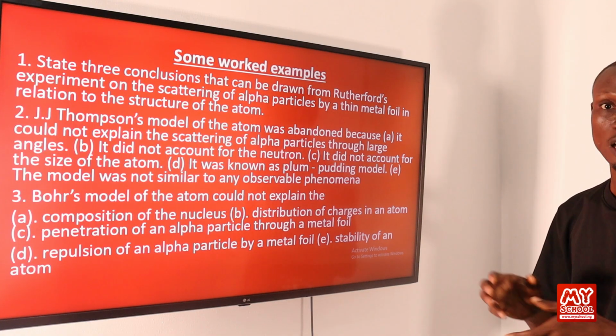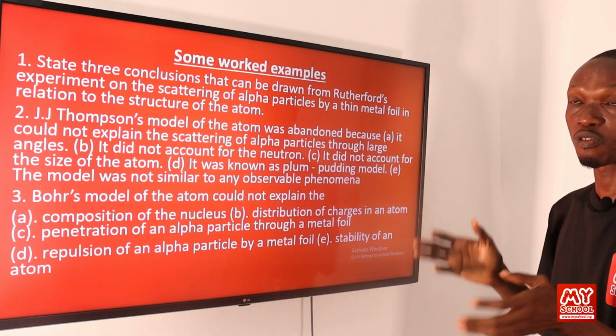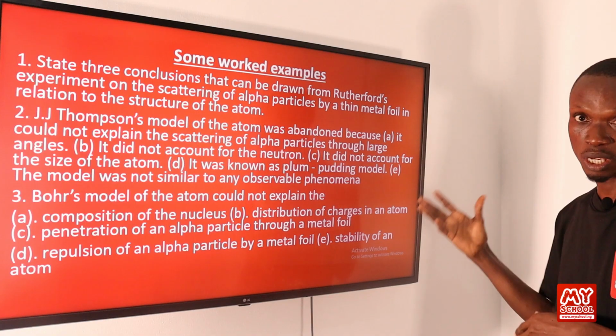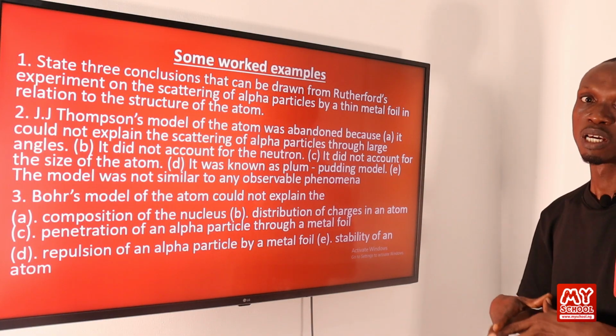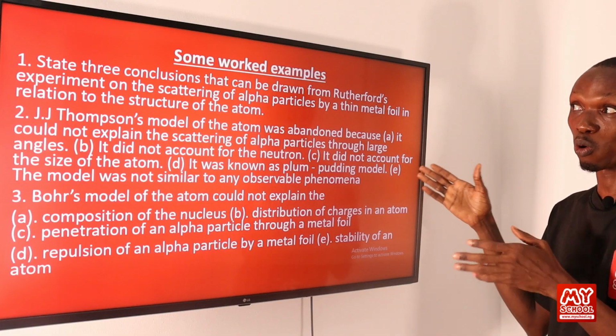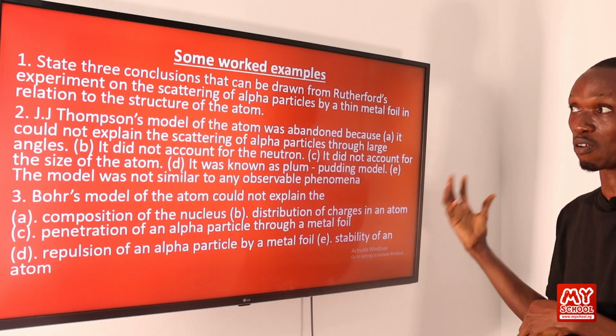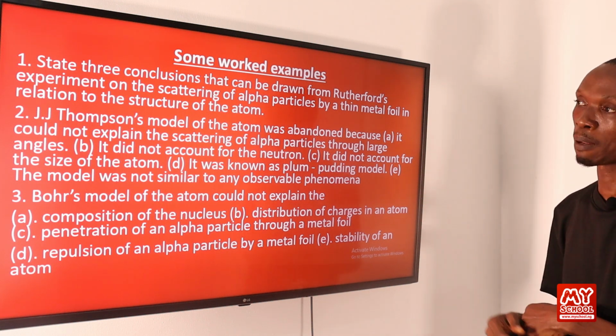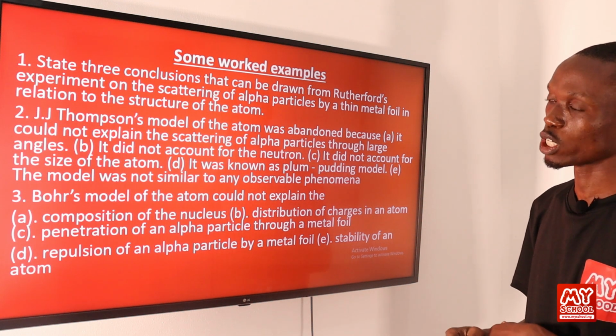He said that the electrons move or revolve around the nucleus, and he said most of the atom is empty space. He also said that the nucleus is tiny but massive. So those are some of the conclusions we can draw from Rutherford's experiment on the scattering of alpha particles. Okay, so let's move on to question 2.